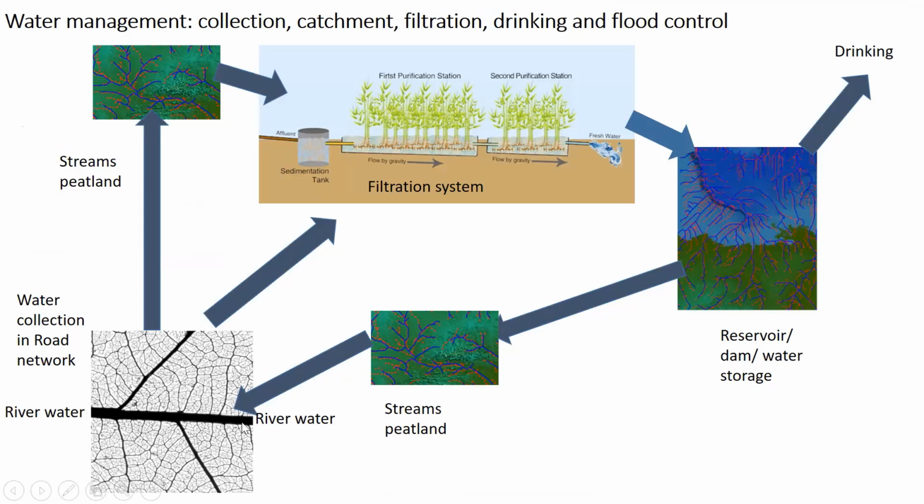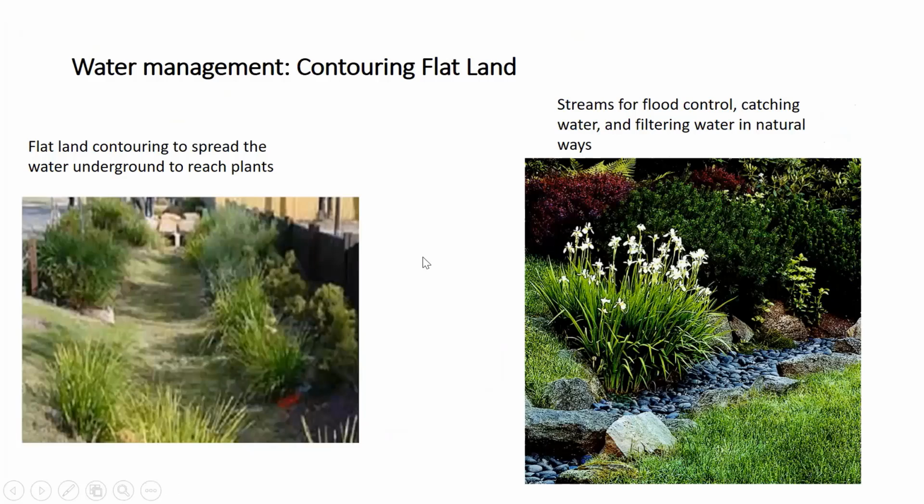You have the river water with the road system, and that road system is connected to streams and peatlands, which is connected then to a natural filtration system with sand and stone, and then it ends up going to a reservoir. Also, reservoirs can be connected to streams because it's a closed loop, and these streams can end up going back to the river water because we're thinking of the idea of a closed network over here.